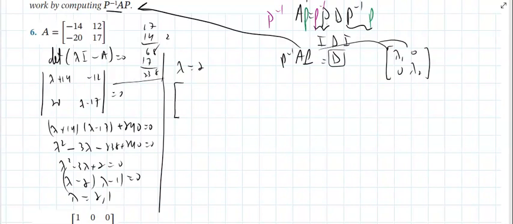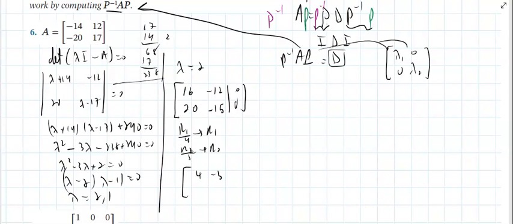I'm looking at 16, negative 12, 20, and negative 15. I could take row 1 divided by 4, put it back in row 1. Take row 2 divided by 5, put it back in row 2. 4, negative 3, 0. 4, negative 3, 0.